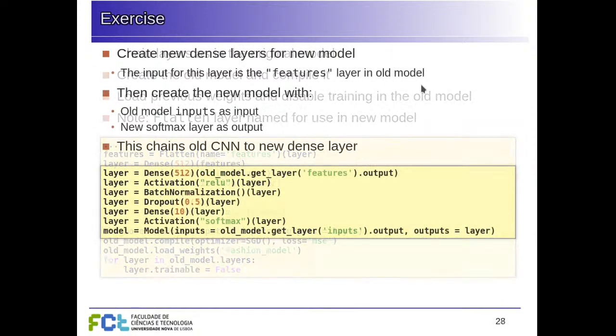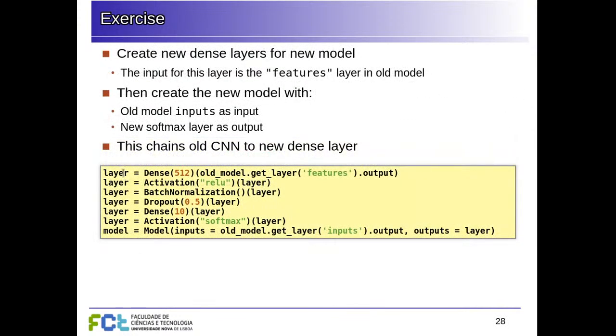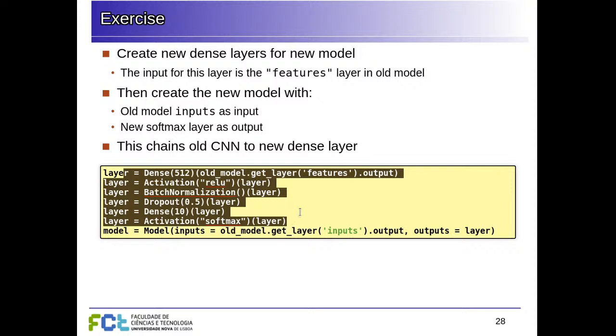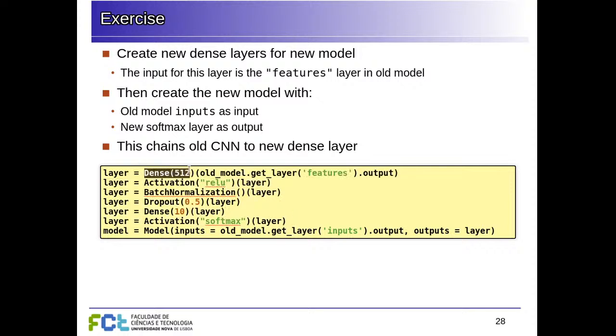And now we're going to create a new model by starting a new branch here that creates a dense layer, but starts with the output of the features layer of the old model. So this will be the input tensor into this dense layer. And this is from the old model.